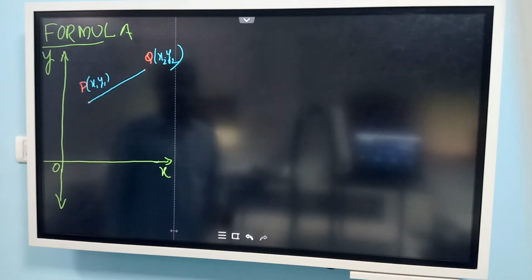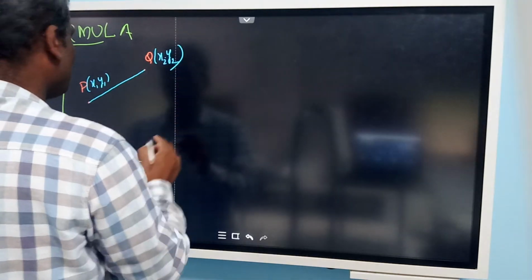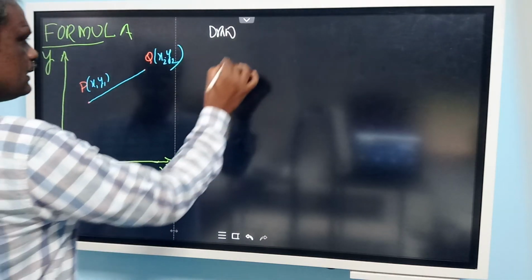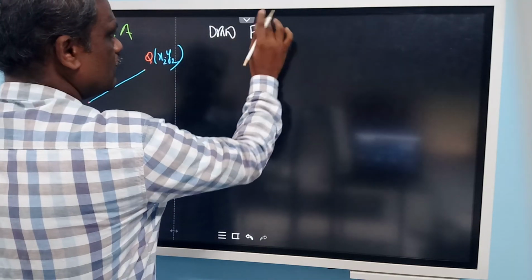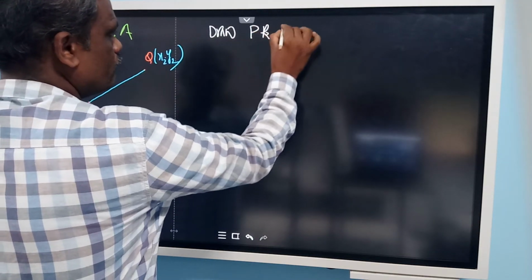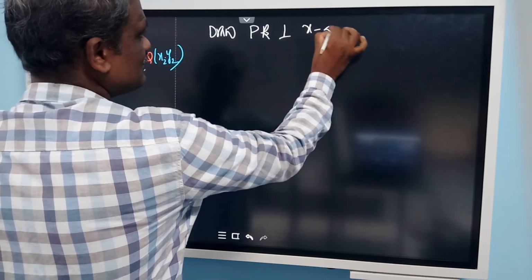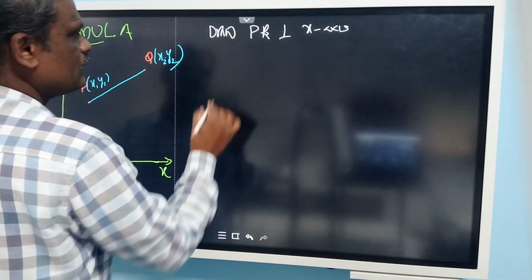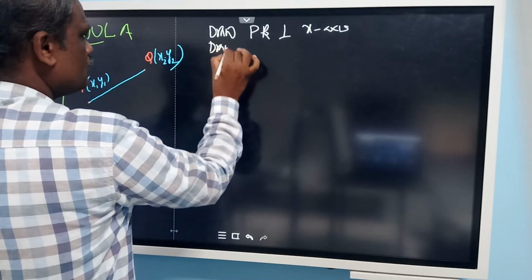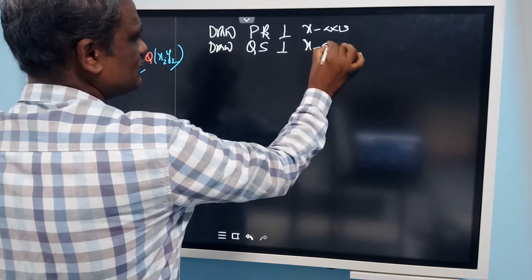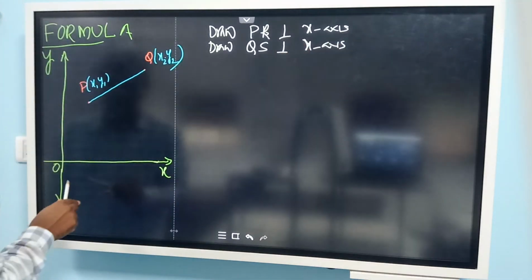For this, we have to draw some perpendiculars. Draw PR perpendicular to OX, the x-axis, and then draw QS perpendicular to the x-axis.